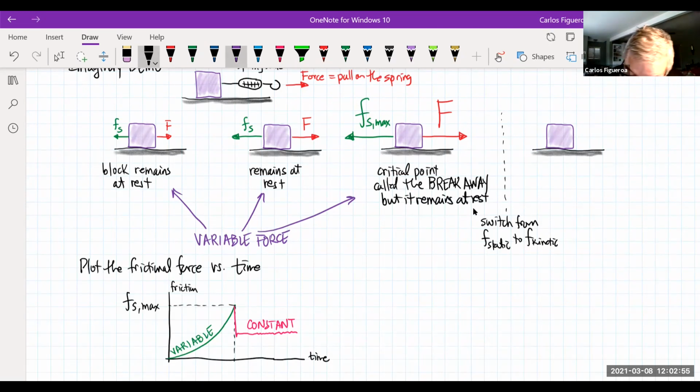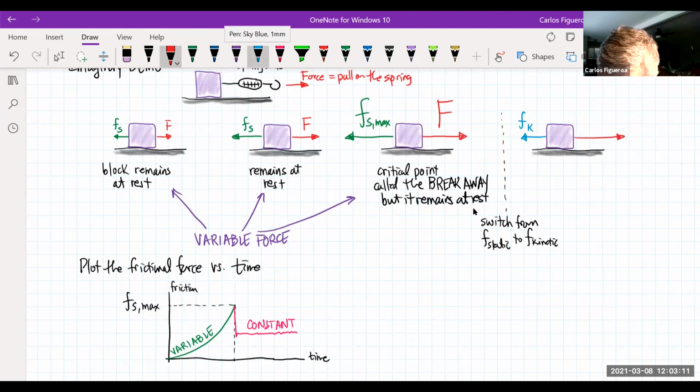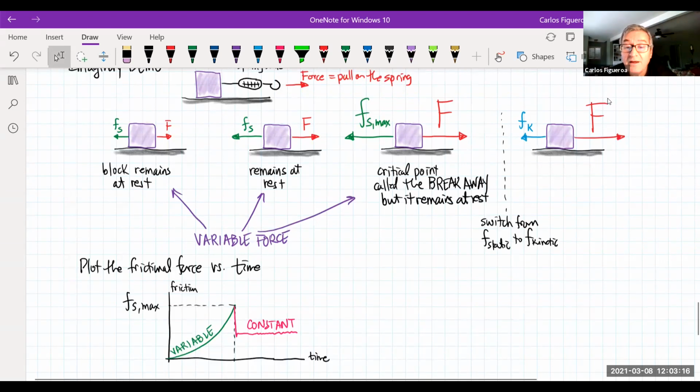And so suddenly what you're seeing here is that now there's a smaller kinetic friction, even though the other force may be exactly the same. And what you're seeing in this case is that you now have acceleration, right?